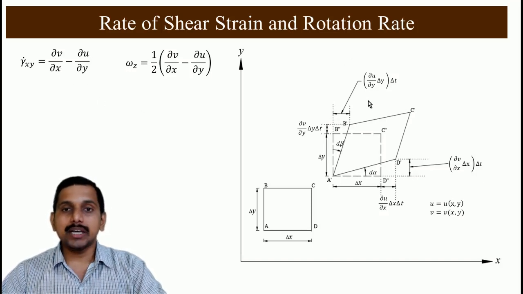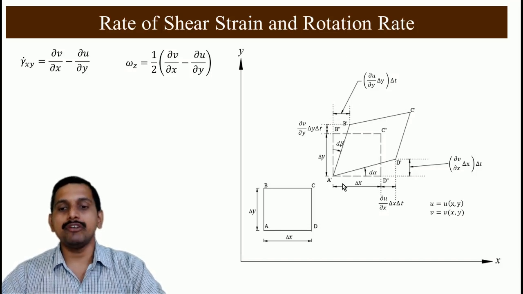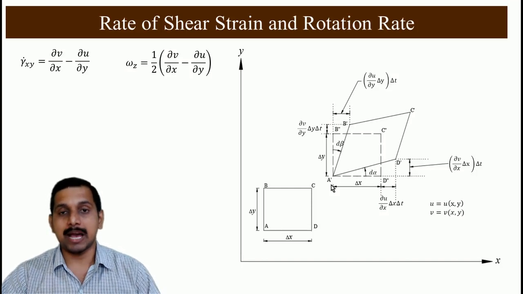Now when we consider rotation rate, it is the average of the rotation which is happening. If you have a line a'd' which has moved to a''d'' by dα, and a'b' has moved to a''b'' by dβ, the rotation rate is the average of these two.